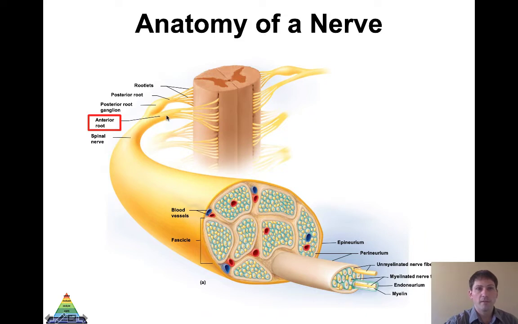And so we have our anterior root up here, and if you remember, that's where motor information is coming from the spinal cord and going out to effectors. But sensory information is coming back down those axons, past that collection of cell bodies, through this posterior root, through the rootlets, and back into our gray matter of that spinal cord.